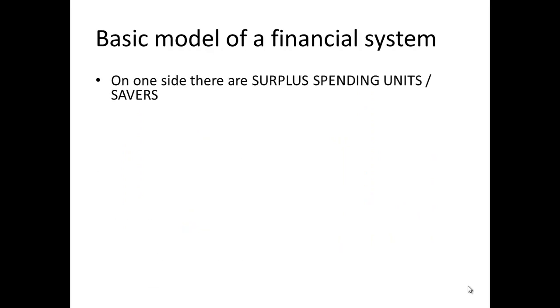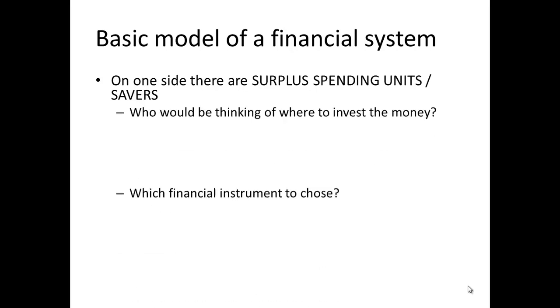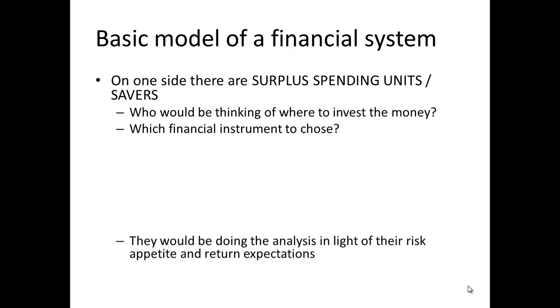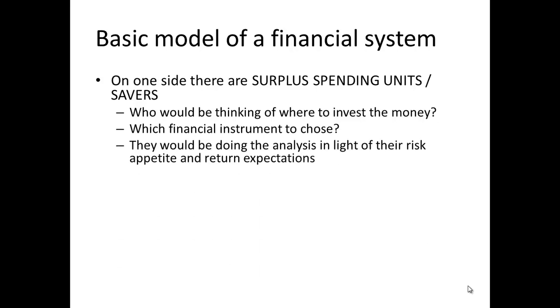So if we look at the entire model of a financial system, we can see that on one side there would be surplus spending units, also known as savers, who would be thinking of where to invest the money, which financial instrument to choose, and then they would be doing the analysis in light of their risk appetite and return expectations.